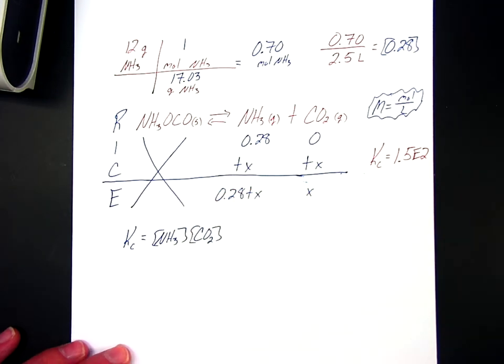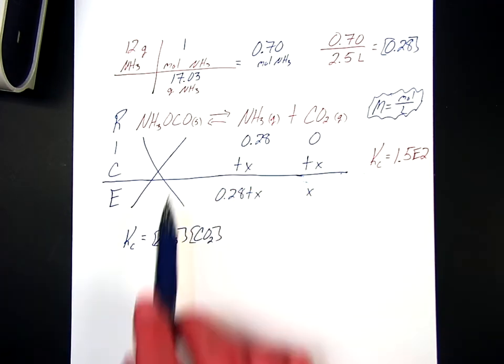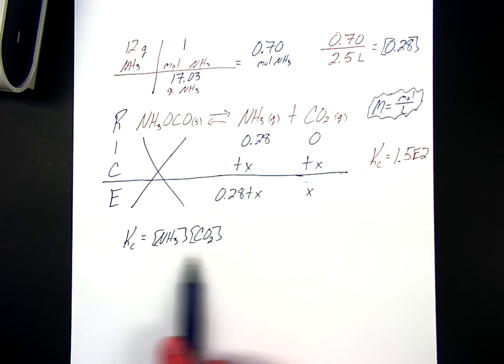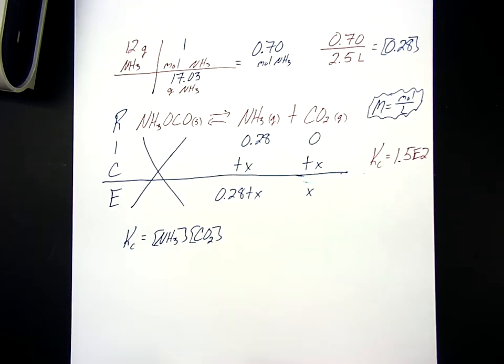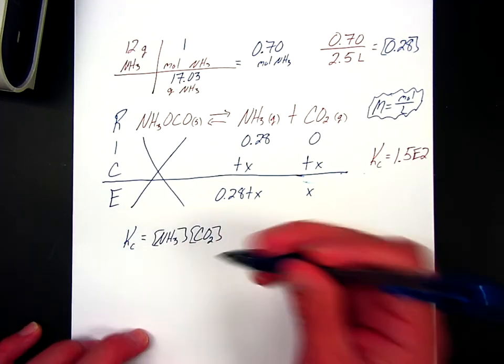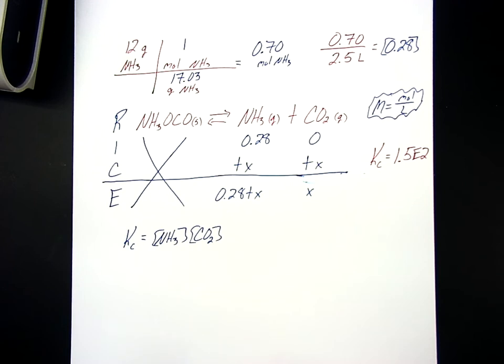The reason it's this simple is because there is no reactant to put this over, so I'd put a 1. We always do a placeholder. So it would be all of this over 1, but anything divided by 1 is itself. So this is a simple enough expression. There are no exponents because there are no coefficients.